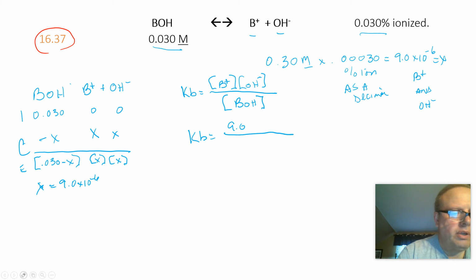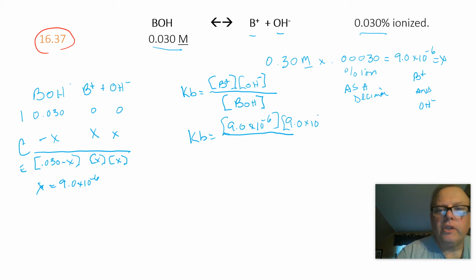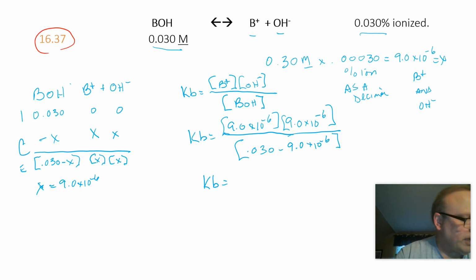Okay, and now let's go back to the pen. 9.0 times 10 to the negative 6, times the same thing. I could show it as squared, but I'm just going to put it in each here. On the bottom, I have the initial concentration minus the amount that was dissociated, minus 9.0 times 10 to the negative 6. You only need to subtract it once because it came apart into these two particles. And that gives us our Kb value of, I got 2.7 times 10 to the negative 9.